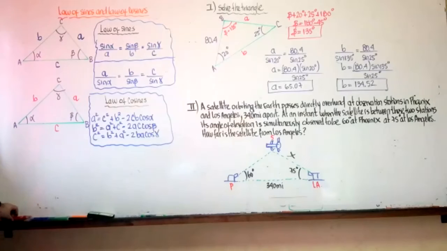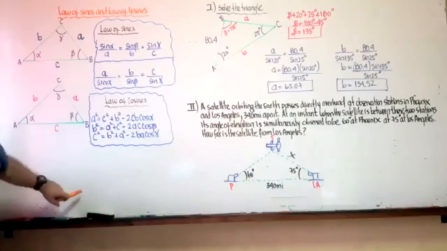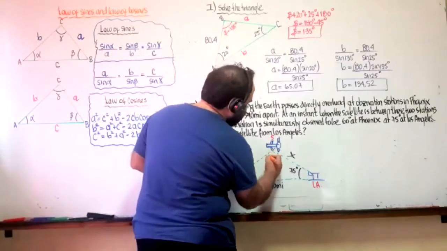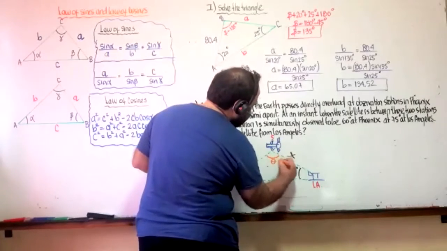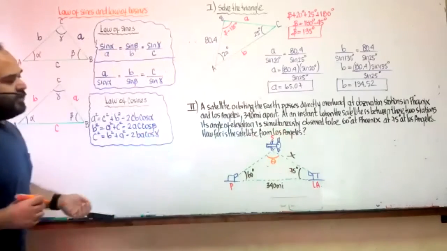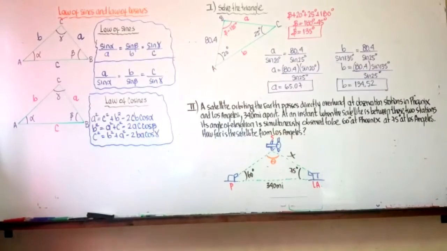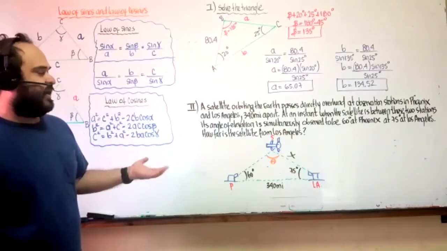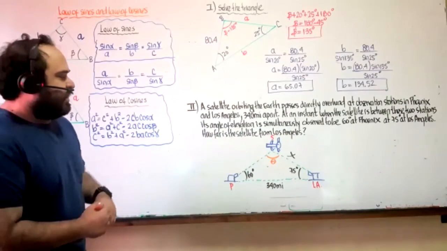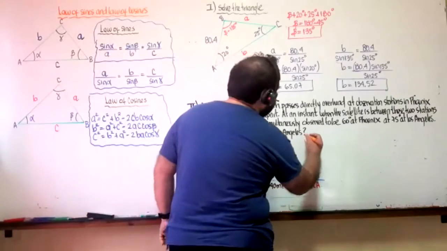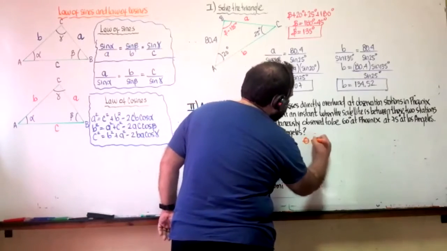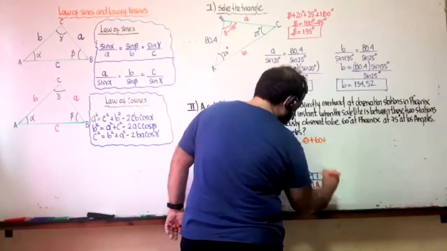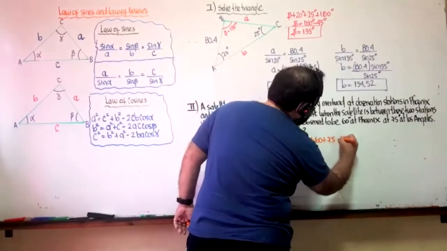Before starting the problem, we can find the third angle. You can label this angle theta, for example. It is not requested in the problem, but when you create the proportion, this angle theta will be useful to find the distance x. Remember the postulate: no matter what kind of triangle we have, the sum of the internal angles is 180 degrees.